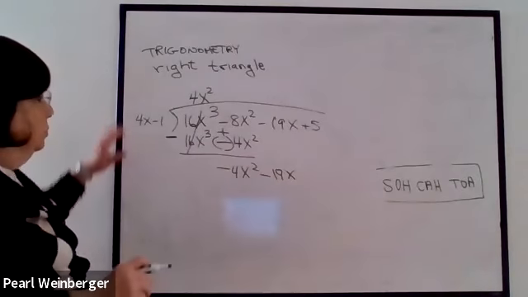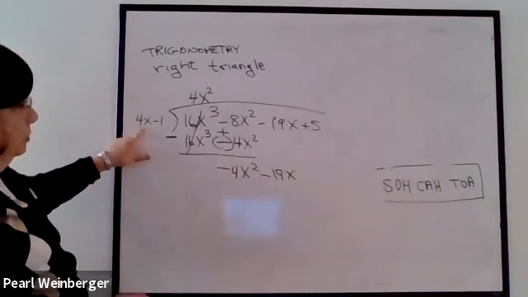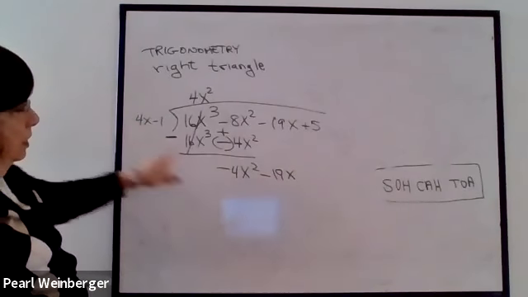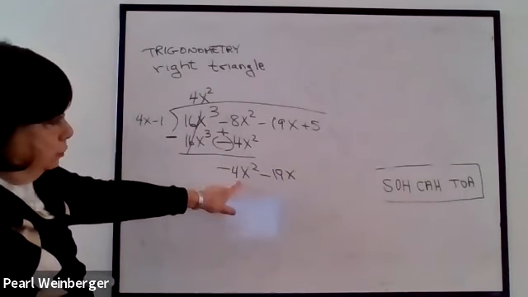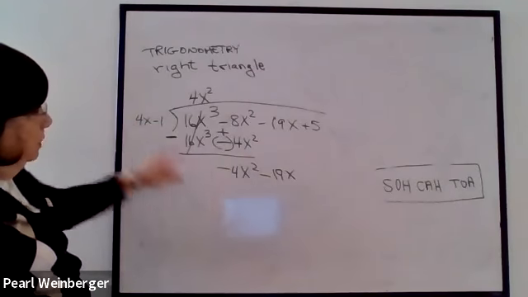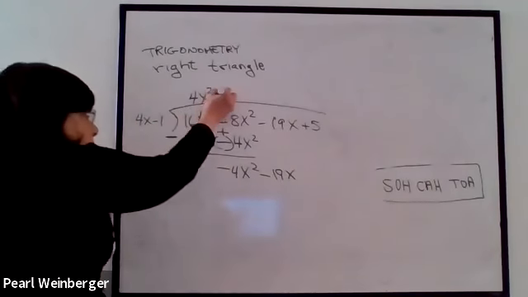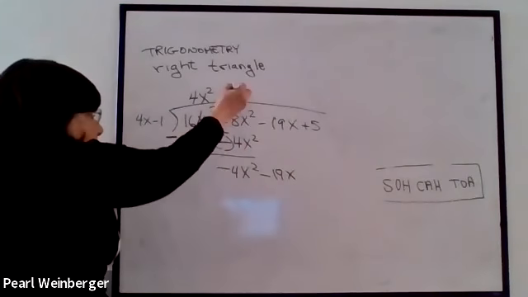Regular long division. I start all over again. I take this first term, 4x, and divide it into the negative 4x squared. We do the number into the number: 4 into negative 4 is negative 1, and x into x squared is x.